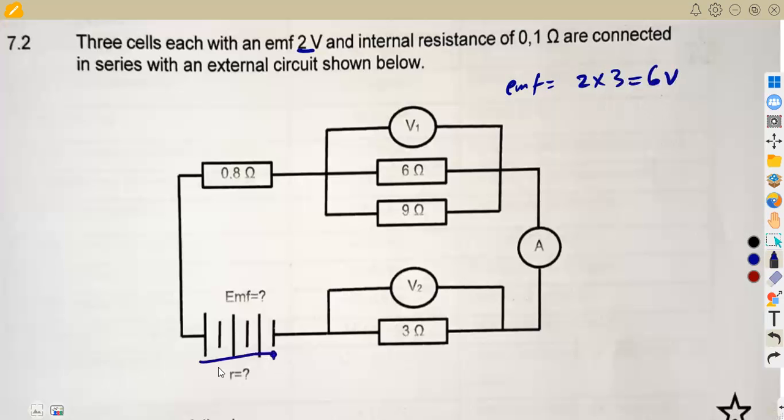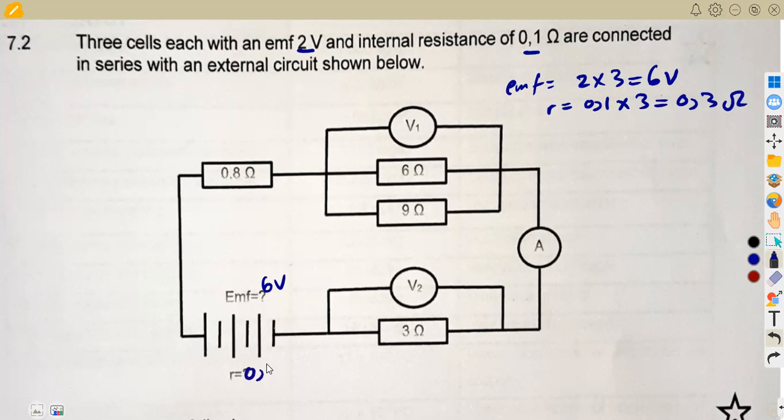So the voltage or the EMF is 6 volts. Then the internal resistance of 0.1, each connected in series. So meaning to say our R is going to be 0.1 times 3 of them, which is 0.3 ohms. So this will be our total internal resistance of 0.3 ohms.